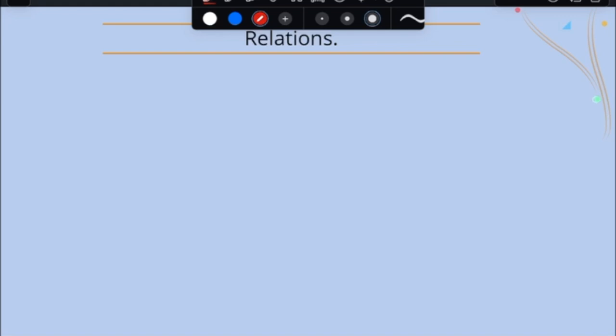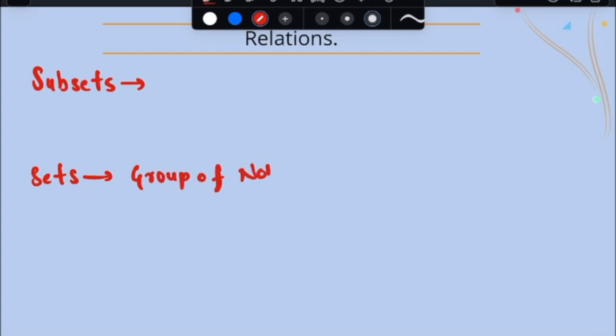Before starting off with relations, I just want to let you know the meaning of subsets and sets. As you already know, or I'll tell you, a set is a group of numbers, or else you can say elements.